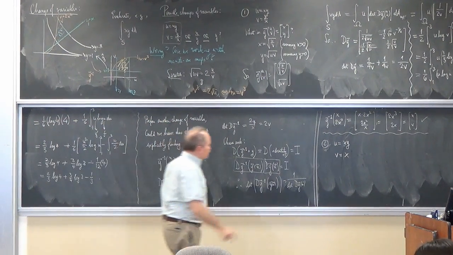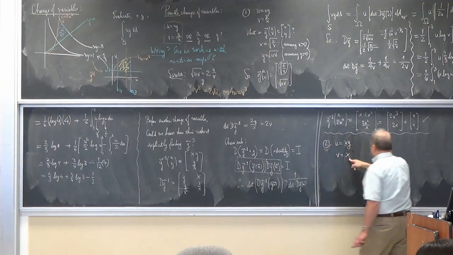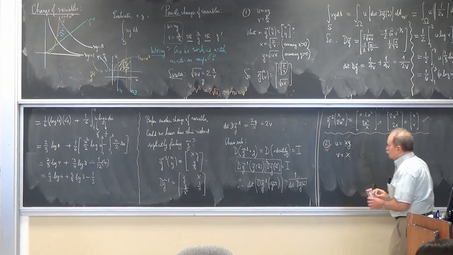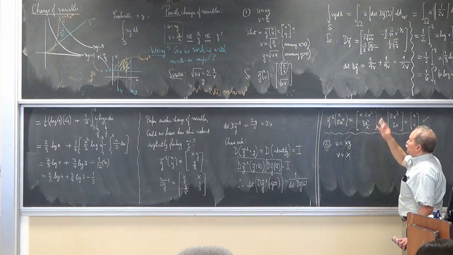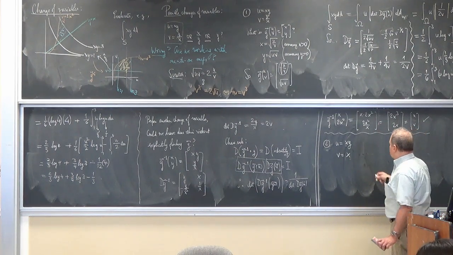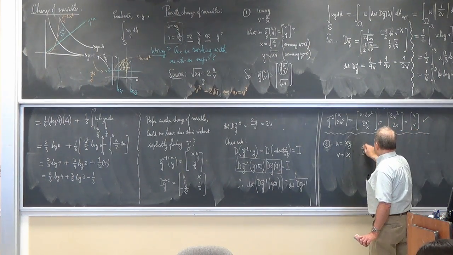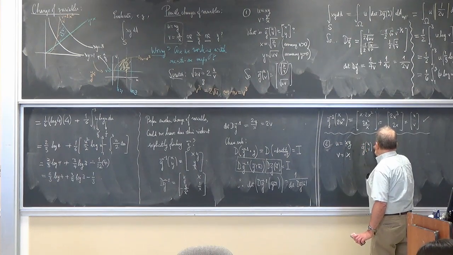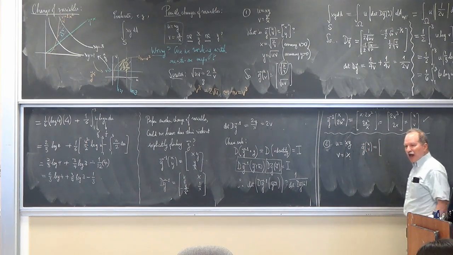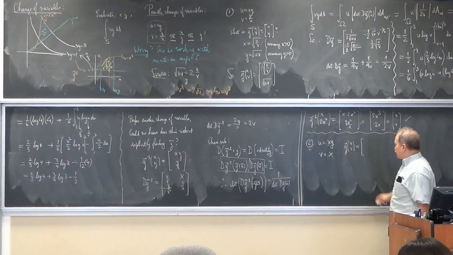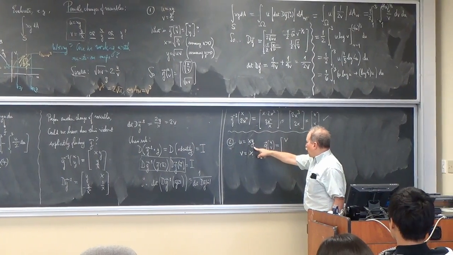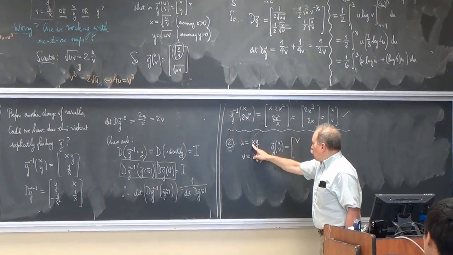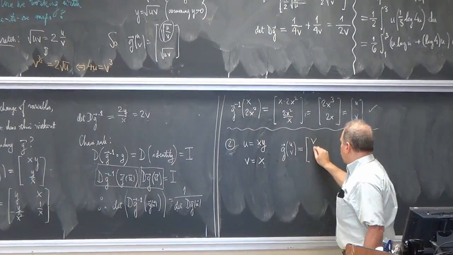So what would happen if I use this change of variables? Well, then x is v and y is u over v. So now we can easily write down the mapping G without much horrendous algebra. X is v, as Daniel said, and y is u over x, which is u over v.